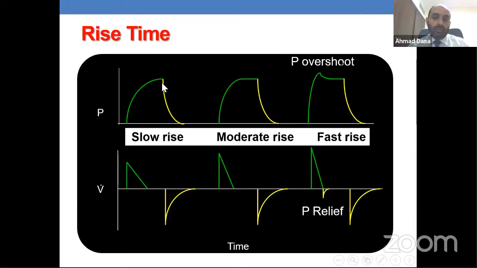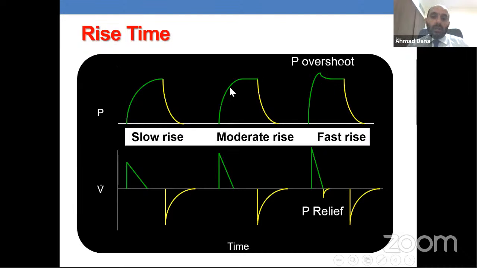It will initiate injury. Now again, if you do it very fast, you will see overshooting here. When you have an overshoot in the pressure, it means the rise is very fast, and of course you are stretching the alveoli very fast, and this will again cause damage.